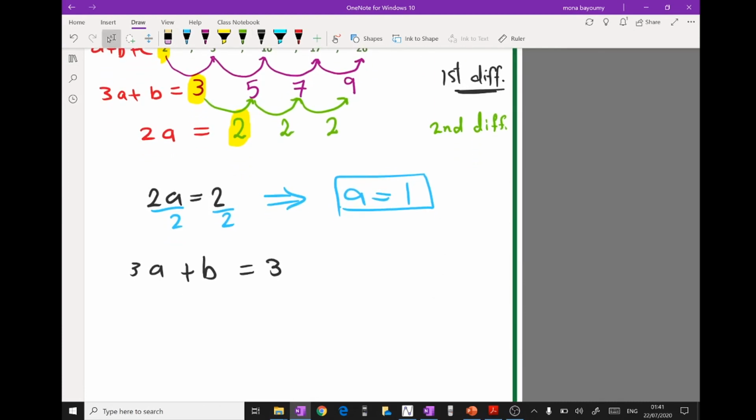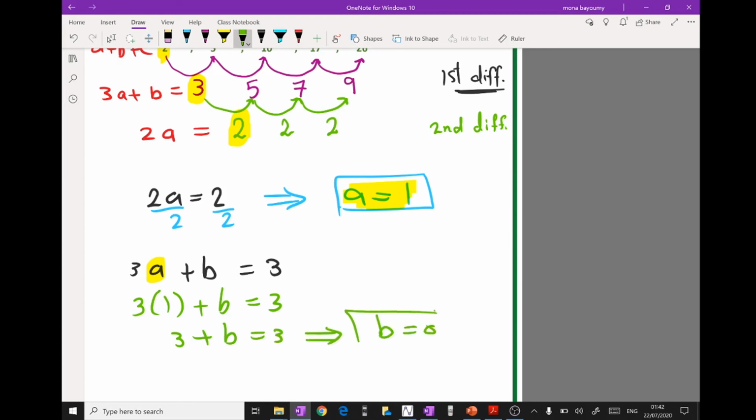Just I will substitute a by 1. So the new equation will be 3 times 1 plus b equals 3. 3 plus b equals 3. This means b equals 0.